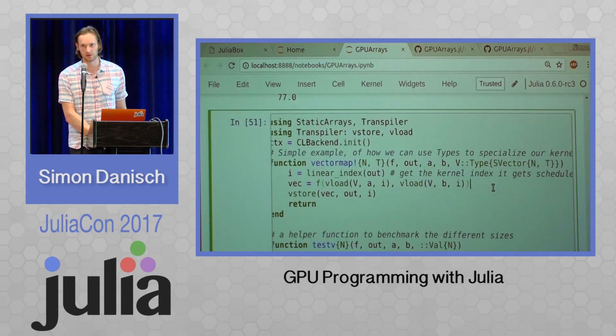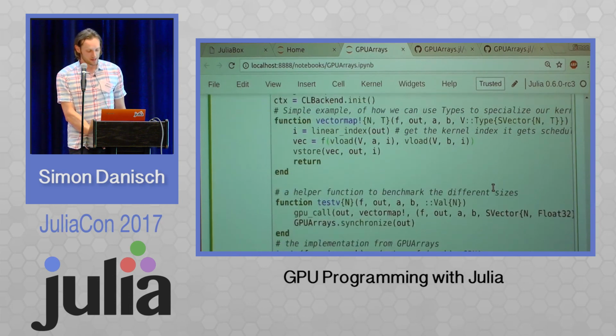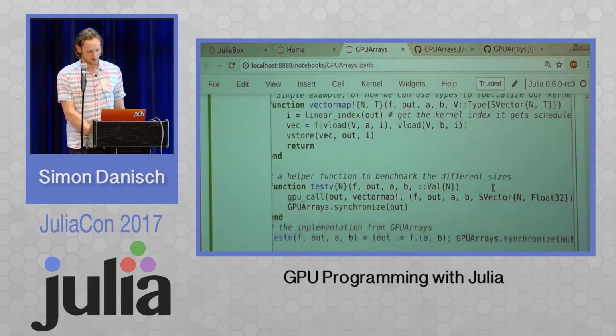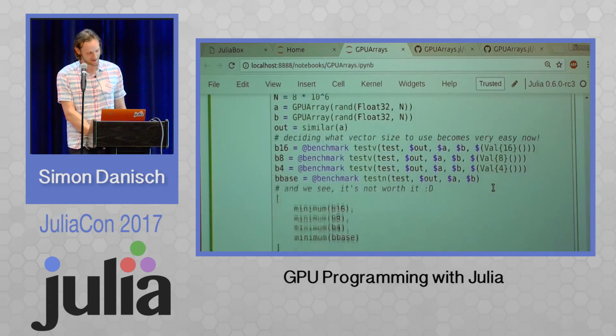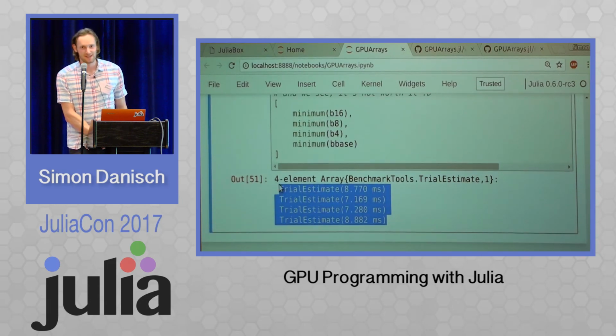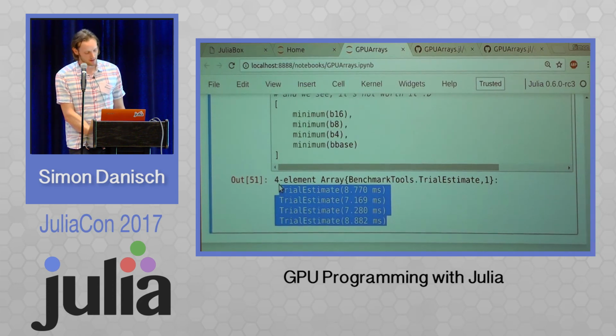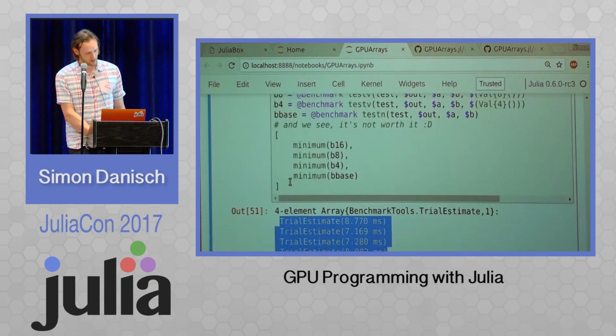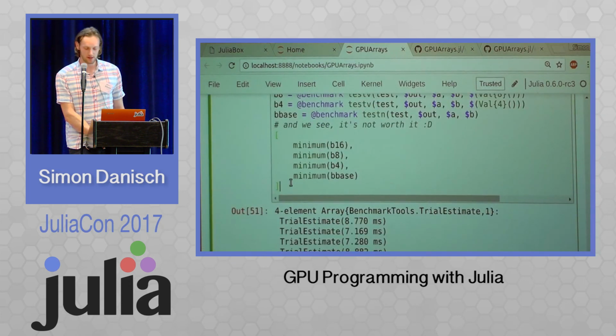And then it just figures out what intrinsic this needs to compile down to. And this might give you good speedups. But actually, for this example, it doesn't at all. Regardless of whether you call it with vec4 or load a single float at a time, it's the same speed. And I guess that's because it's already perfectly vectorized in the normal kernel. So yes, that's it for me for now.